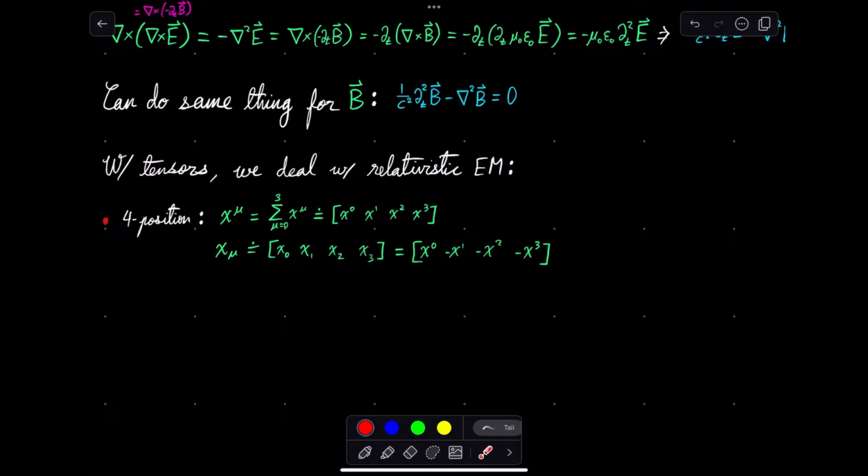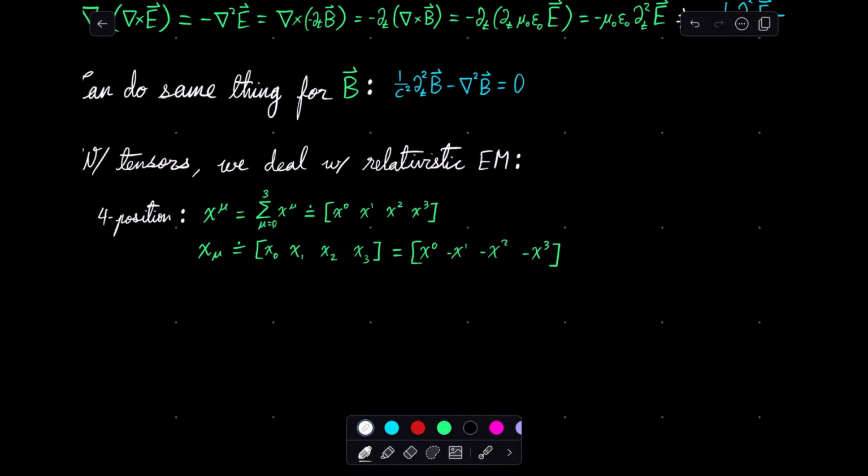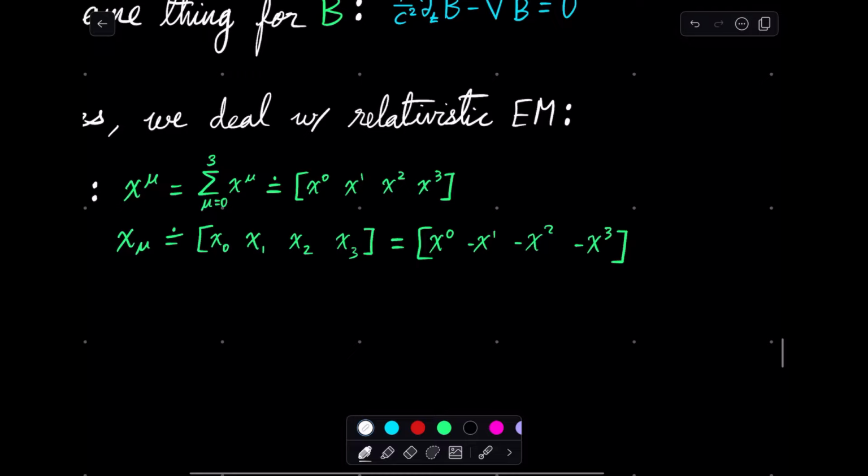And so you have these definitions of position, just one has a relative minus sign.